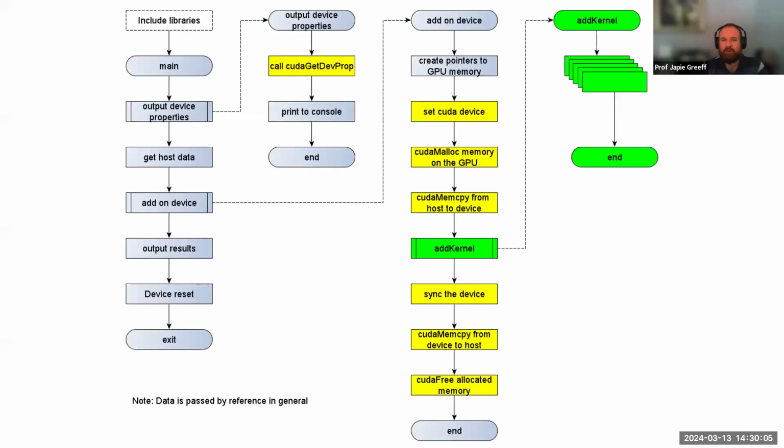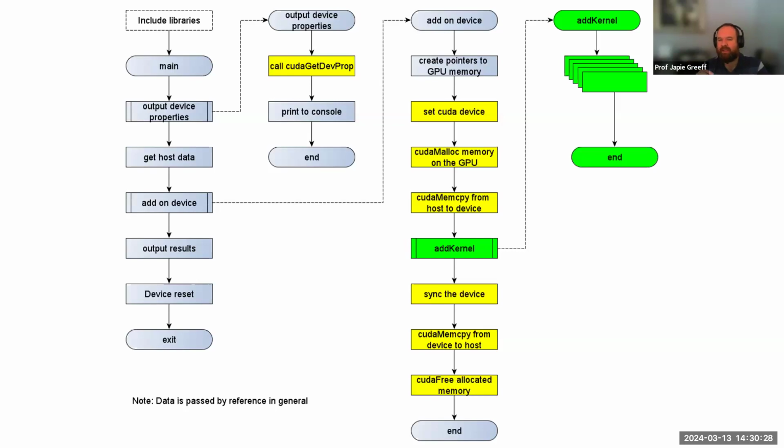So on the left-hand side, we start with main. So obviously first, we're going to include all of our CUDA libraries and our standard C libraries. And we're going to start in main, because all C++ programs or C programs start with main, okay? Then the first thing we're going to do is output the device properties. So that's a function that we will call.